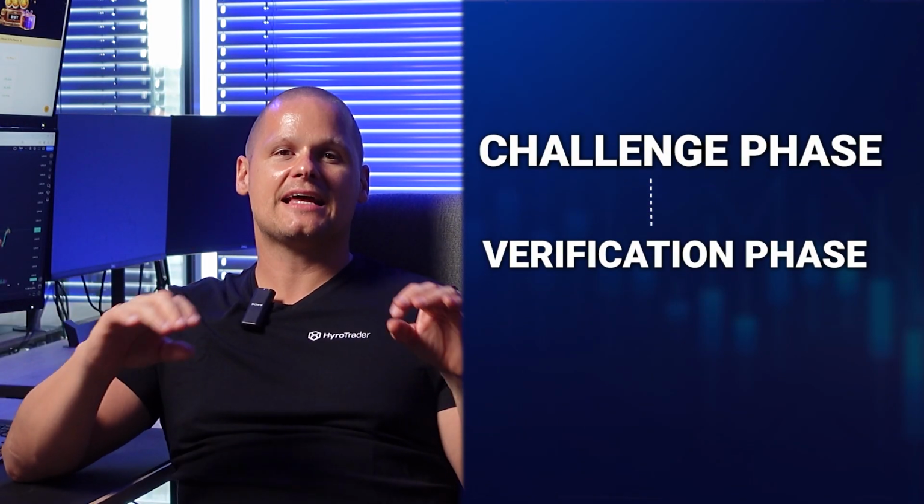Therefore, we must employ dynamic risk management, which adjusts the risk per trade based on our current drawdown and the emotional phase of the trading. So now I'm going to introduce you to a dynamic risk management with specifics for the challenge phase, verification phase, and the funded account. Challenge phase.